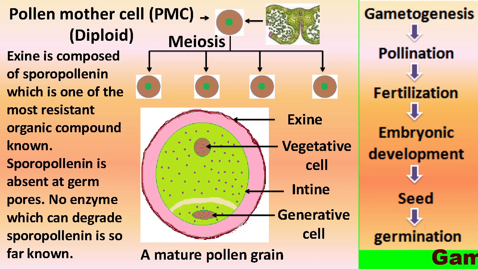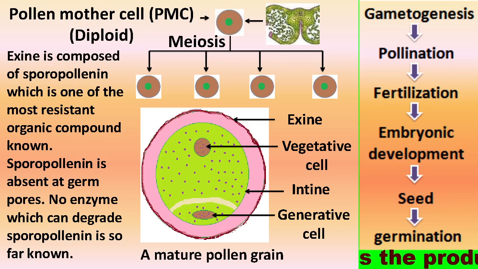Now, what will be the ploidy level of a pollen grain? It will be haploid because this is a mature gamete, and a gamete always contains a haploid number of chromosomes. Now you have a mature pollen grain, you are looking at this figure.